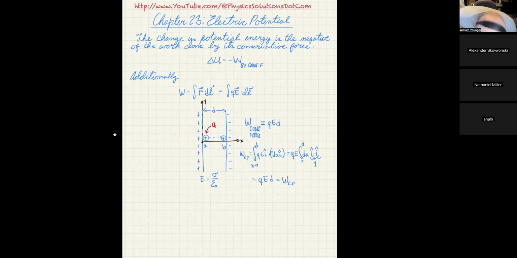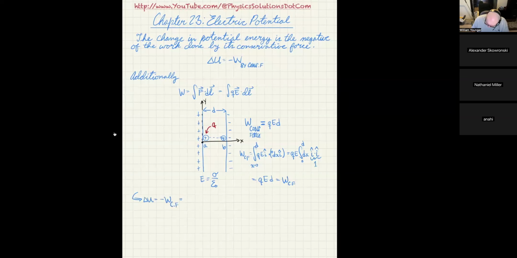Now, what we're supposed to interpret that as is that the change in potential energy, delta U, is equal to the negative of the work done by the conservative force.